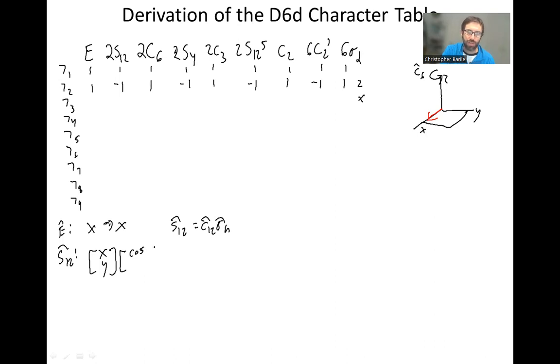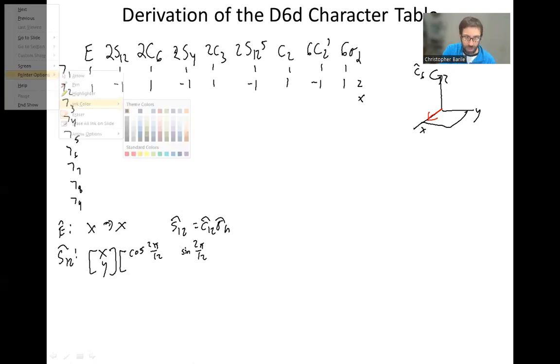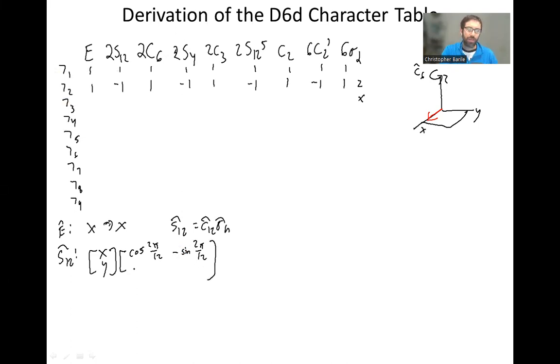But you're going to do a cosine of 2 pi over 12, right? So it's 2 pi over n, what you're rotating, and you have a C12 here. So you get cosine 2 pi over 12, minus sine 2 pi over 12 as your next element of this 2 by 2 matrix. And then you have a positive sine 2 pi over 12 and a cosine 2 pi over 12.